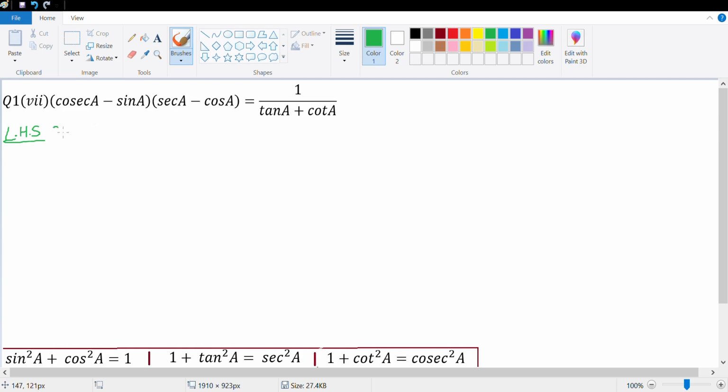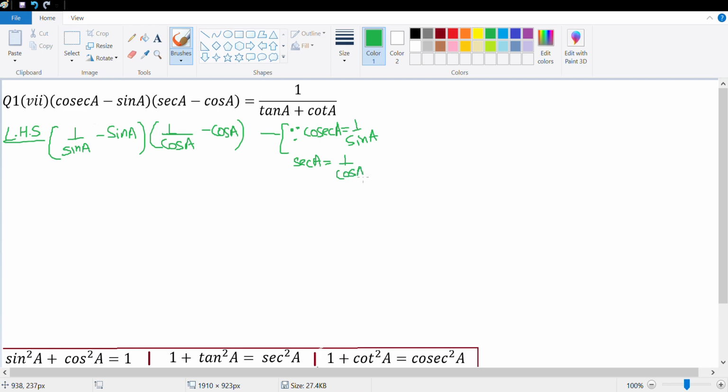So this would become 1 upon sine A minus sine A, and this would be 1 upon cos A minus cos A. The reason being, since cosec A is equal to 1 upon sine A and sec A is equal to 1 upon cos A. So that's the reason why I moved into this step.